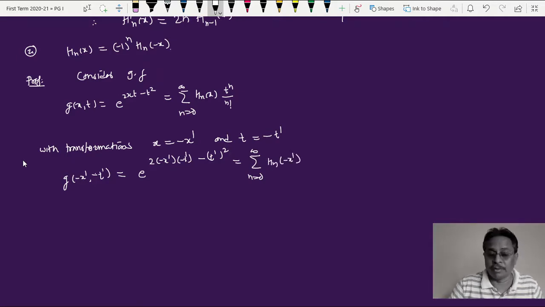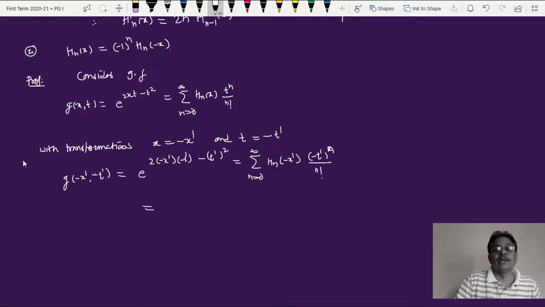So everywhere you have to replace x by minus x prime and t by minus t prime. So it is minus t prime raised to n upon n factorial.